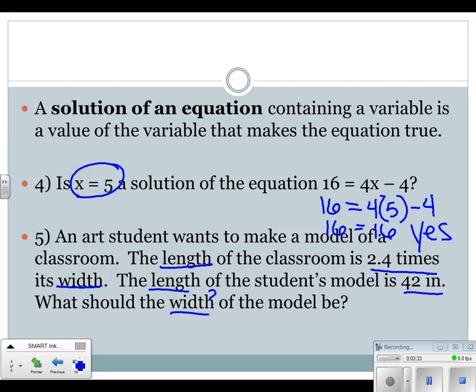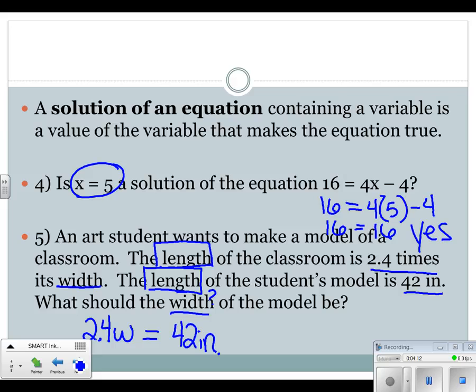If we're looking for the width, we're going to use W for our variable in our open sentence. We know our length is 42 inches. It also tells us our length is 2.4 times its width. So we know it's 42 inches, which is also the same as 2.4 times its width.